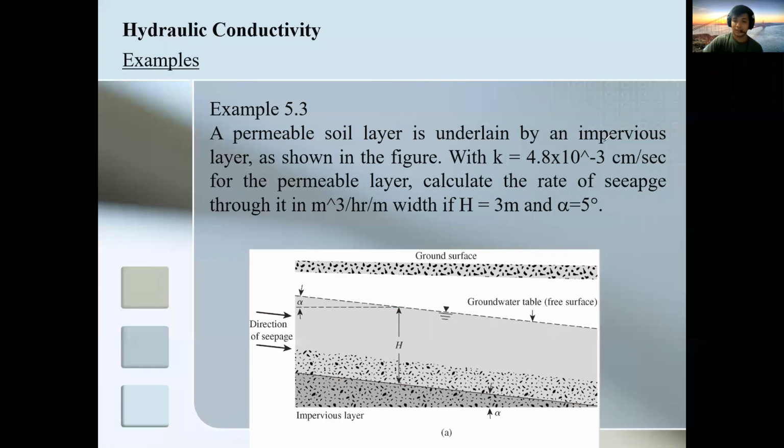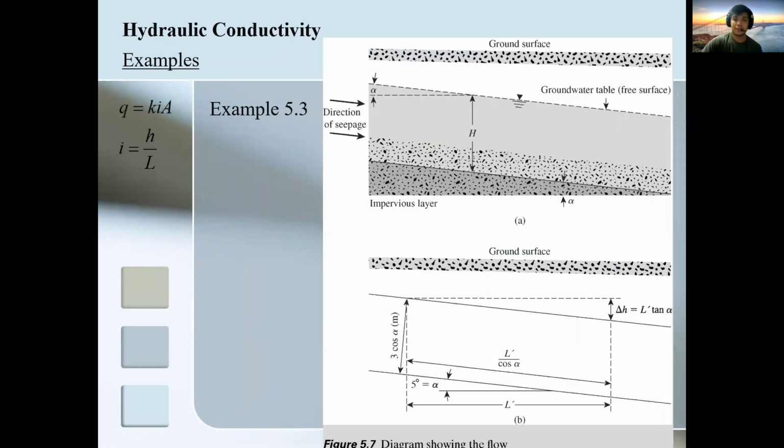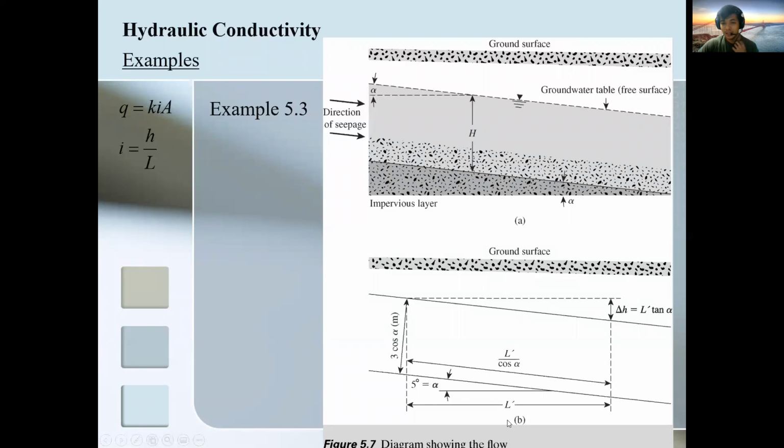Okay. So next slide. If you look at the figure, the parameter used here instead of just x is L prime. If we only used x, I would use x.